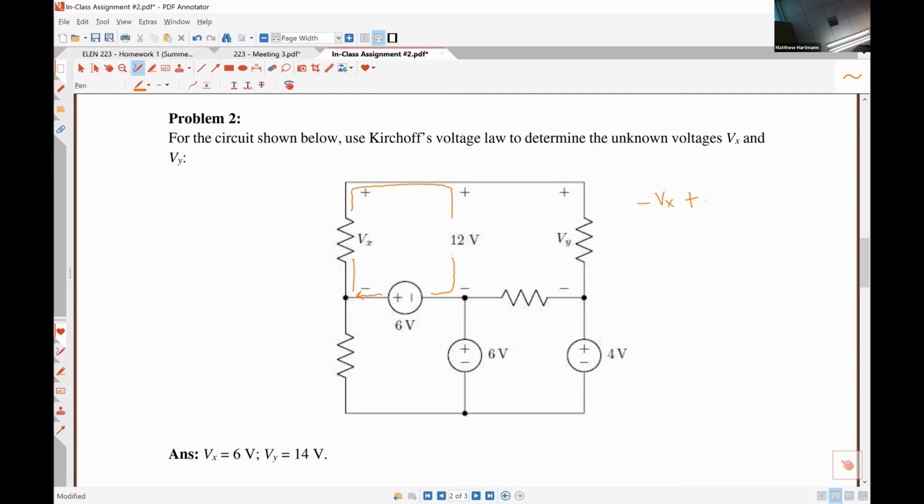So that's plus 12 volts. Now I'm coming around from right to left. I see the negative polarity terminal of the 6 volt source. So that's minus 6 volts is equal to 0. And I can rearrange this. If I move Vx to the other side of the equal sign, Vx is equal to 12 volts minus 6 volts, which is 6 volts.